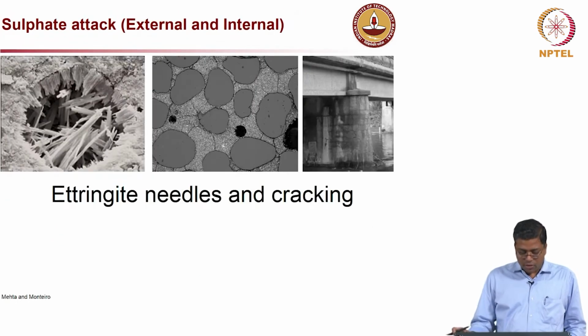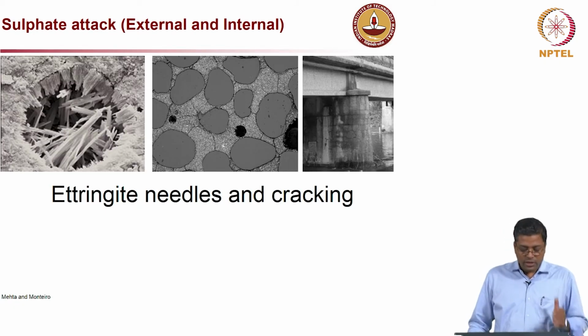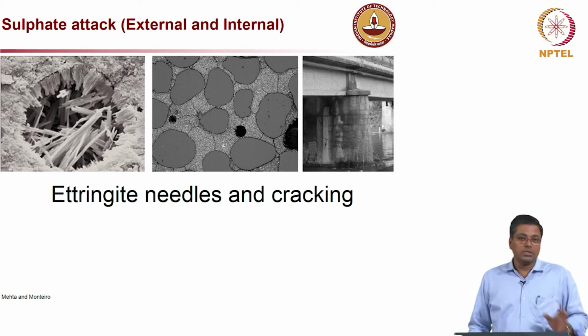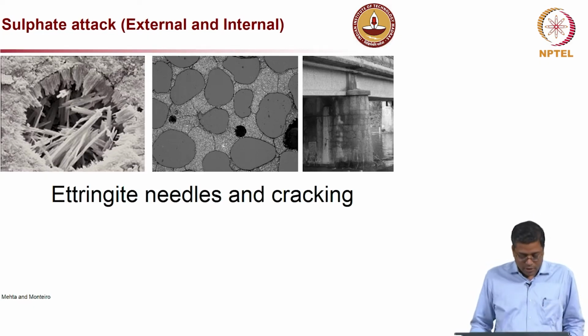First we are going to talk about sulphate attack. There are two types of sulphate attack depending on the source of the sulphate: external and internal sulphate attack. The major mechanism, I am just showing three pictures here. On the left side you will see what happens at the microscopic level.